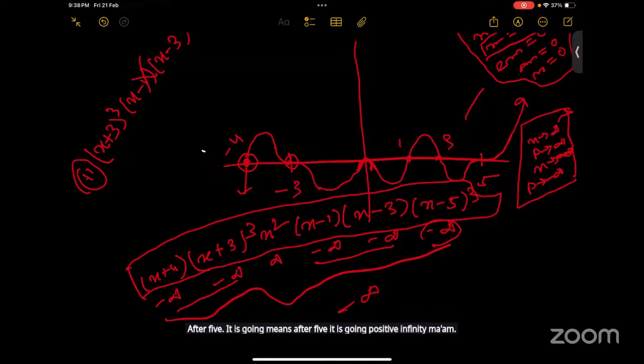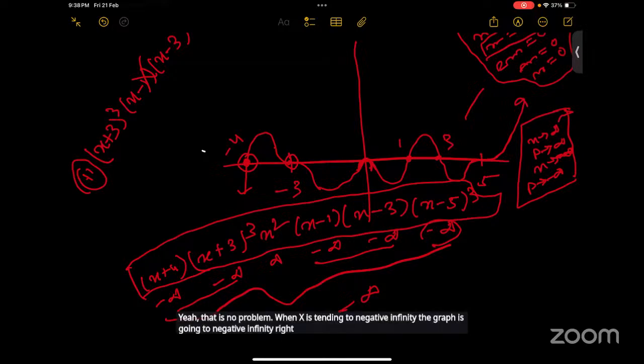Yeah, that is no problem. When x is tending to negative infinity, the graph is going to negative infinity, right? I'm saying about the picture. The graph is going in the downward direction, that means negative infinity, right?